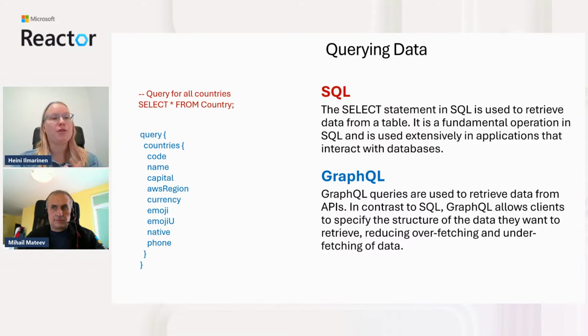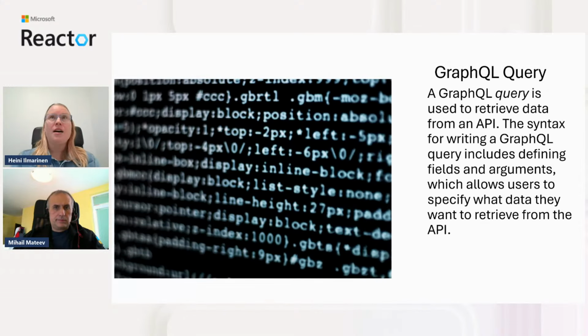So we are able to specify the structure of the data that we want to receive very clearly and to the detail that we need, so that we can limit the amount of data that we might require. So the GraphQL query is used to retrieve data from an API. Of course, the syntax is different than for SQL, but we are able to specify fields and arguments that we might need to put in to specify that query in a meaningful way for us.